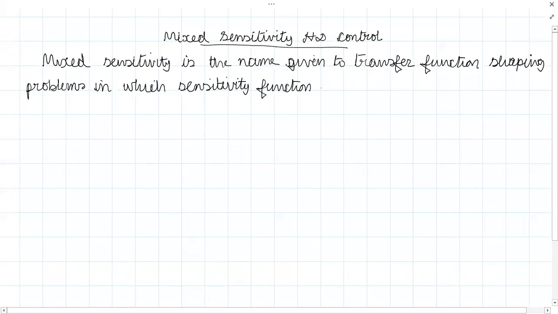What is the sensitivity function S? 1 by 1 plus GK, or (I plus GK) inverse, right?